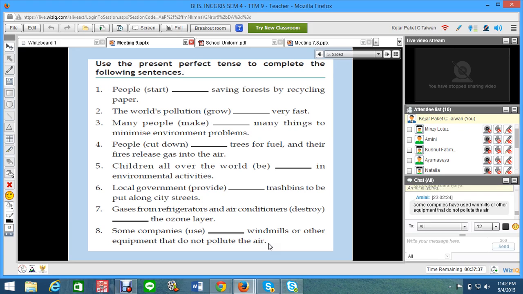What is the answer? Number 8. Some companies have used windmills or other equipment that do not pollute the air. Okay, that's correct. Some companies have used, because the subject is plural, that's why we have to use have plus verb 3. So it becomes have used. So that's good. Thank you.